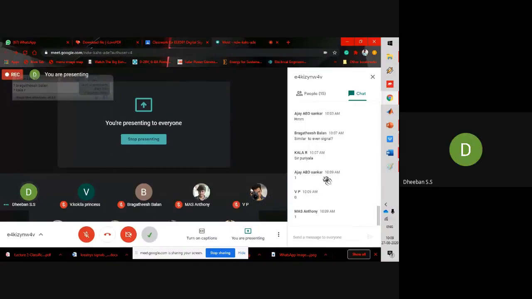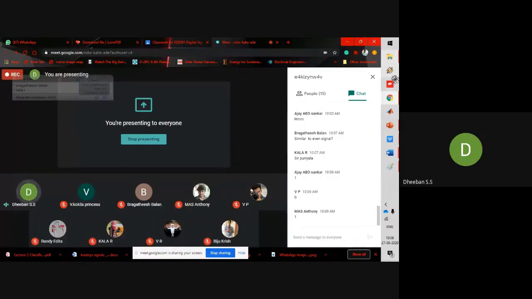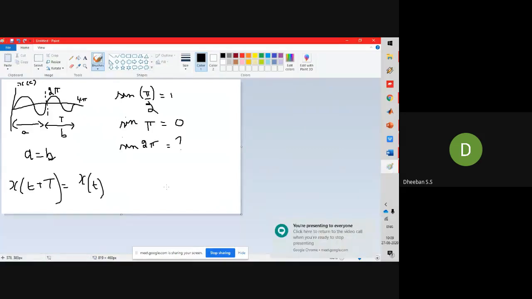So what we can infer from these two things is that up to pi the same value repeats, and after 2 pi also it becomes the same value. So you can say this is a periodic function. Okay, they are getting the same value.